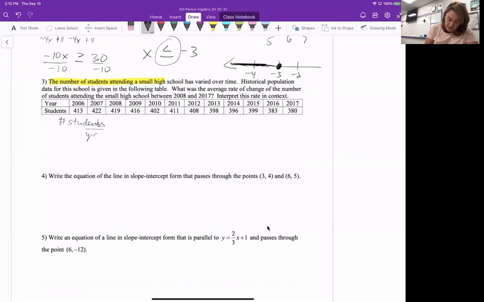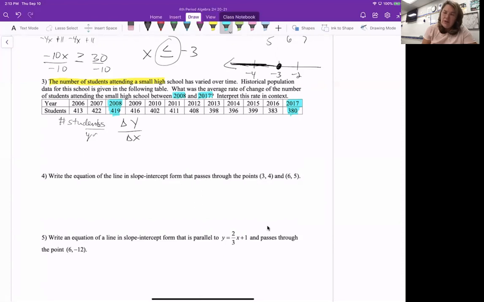The reason why I wrote that is because slope is rise over run, and this tells me which one I need on the top and which one on the bottom. The other thing you have to be very careful of is to pay attention to the years they want, 2008 and 2017. They want to know the average rate of change between those 2 years.